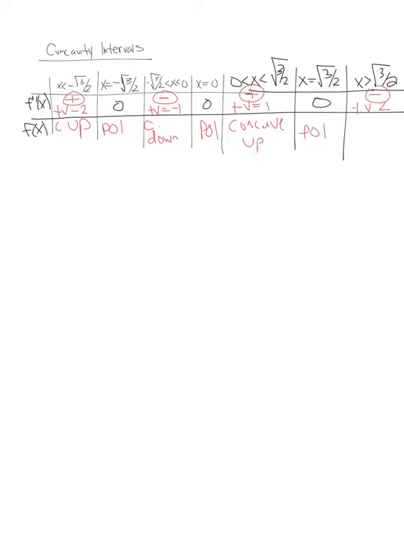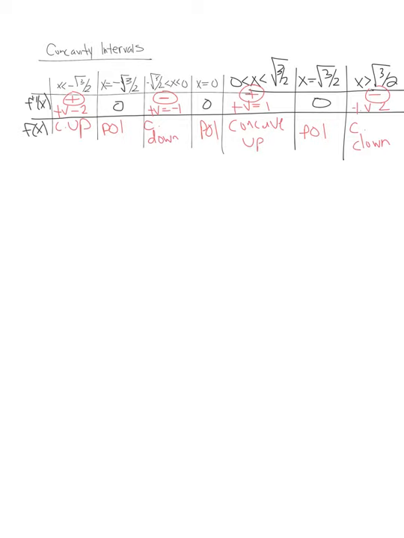Our final point of inflection, and then another concave down. So we do not always get all of our points of inflection when we find our critical points, so it is very important that we do this second derivative and set it equal to 0 and do this concavity interval chart so we can see exactly what's going on.